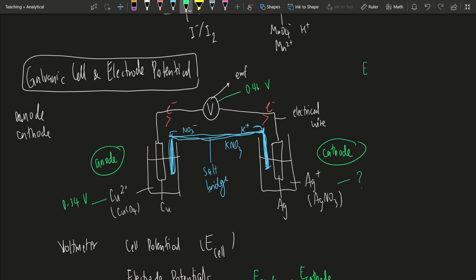So we can use E cell equal to E cathode minus E anode. I'm gonna just put this abbreviation here. And we already know that E cell is 0.46.